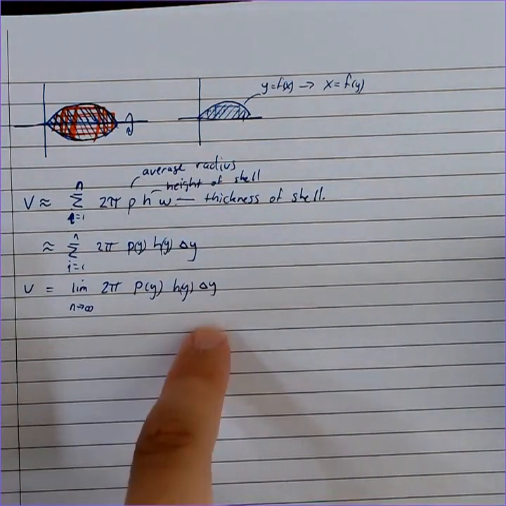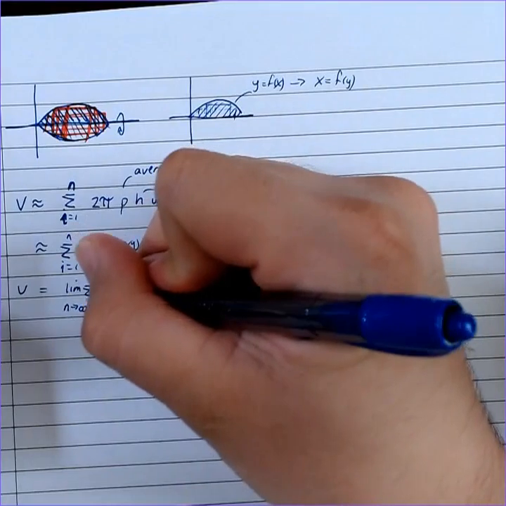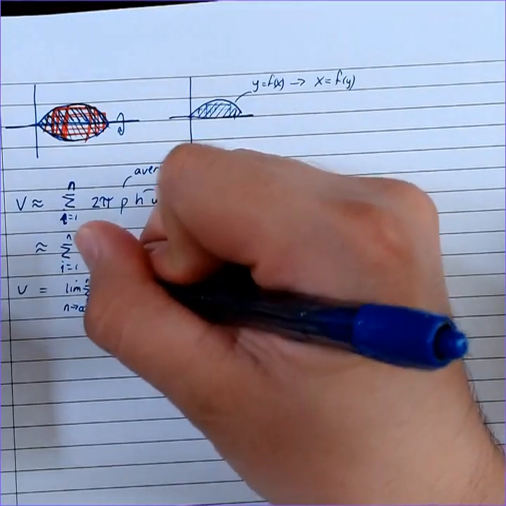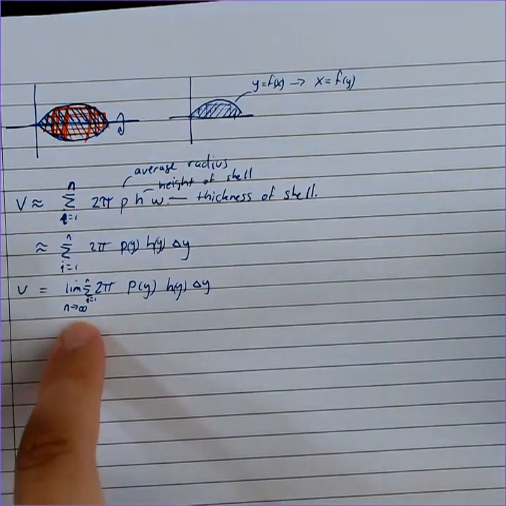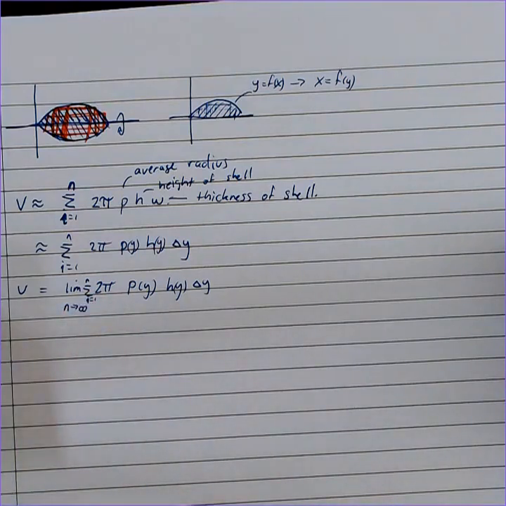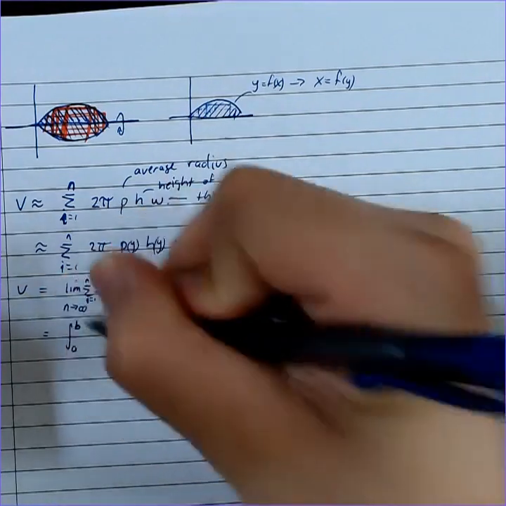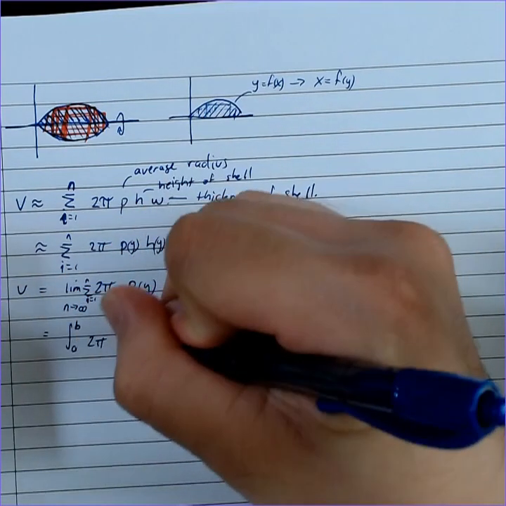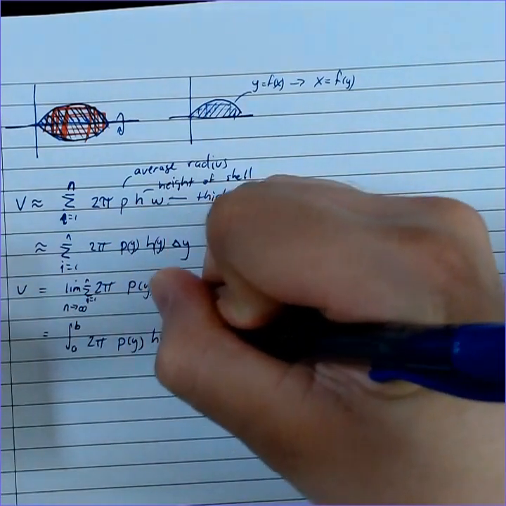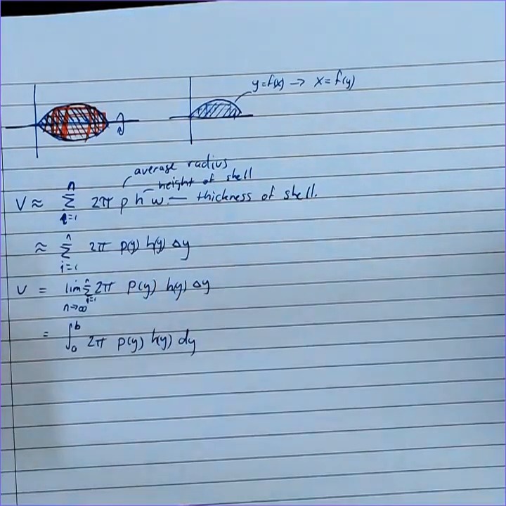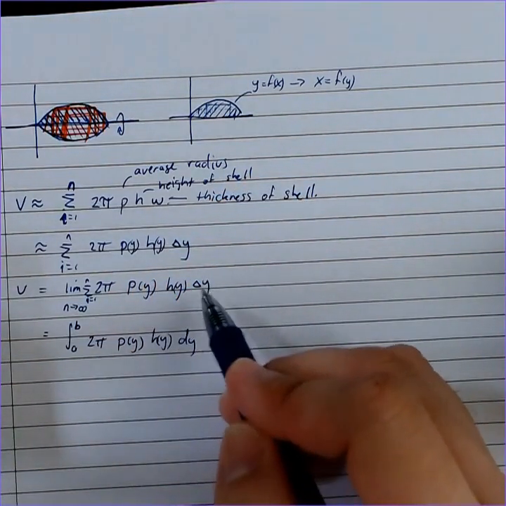But of course, we know what that is. The limit as n approaches infinity of this sum is an integral. That's going to be the integral from a to b of 2 pi p of y h of y dy, all right, our variables with respect to y.